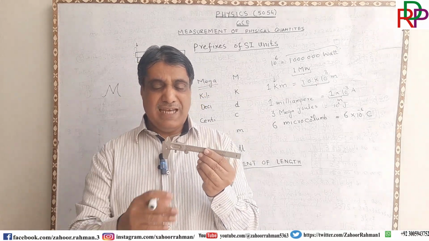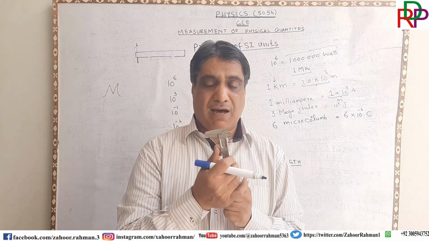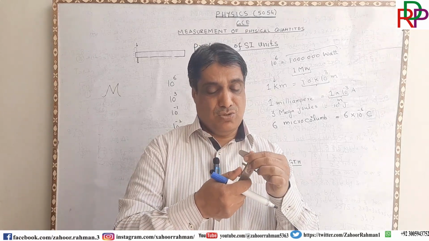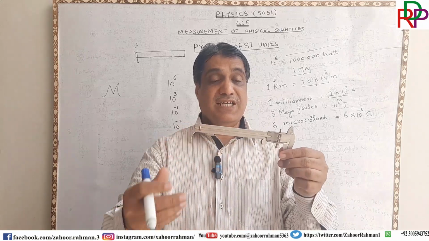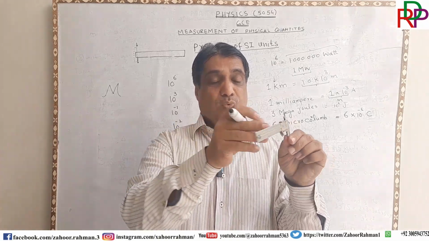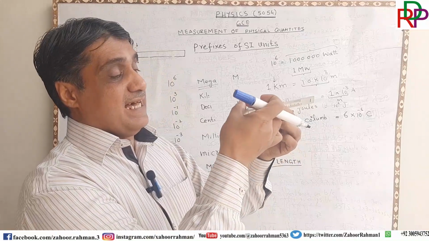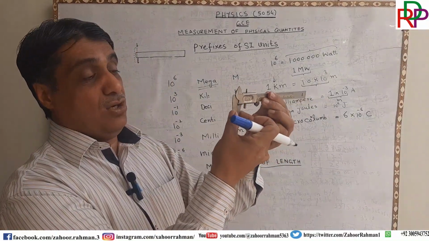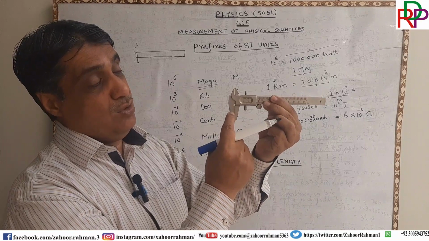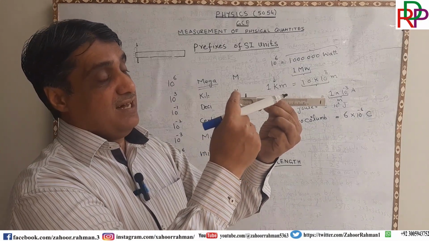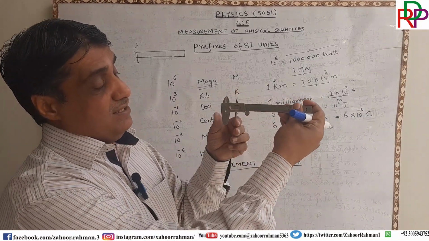To measure the length of a small object, we use the vernier caliper. The vernier caliper has upper jaws and lower jaws. These are the lower jaws and these are the upper jaws.